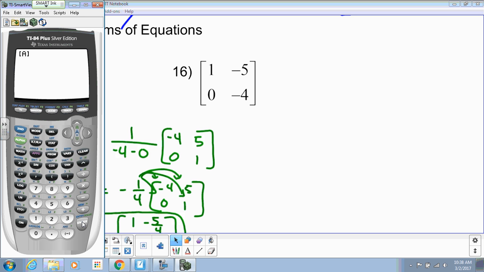It's right under math, but you don't have to hit second. You see the X to the -1, that's the inverse button. Then you hit enter. You could change that back to fractions by hitting math, enter, enter. And there's our inverse.